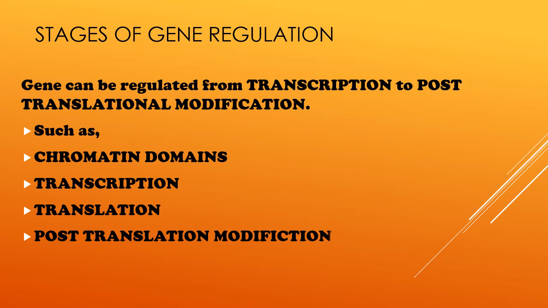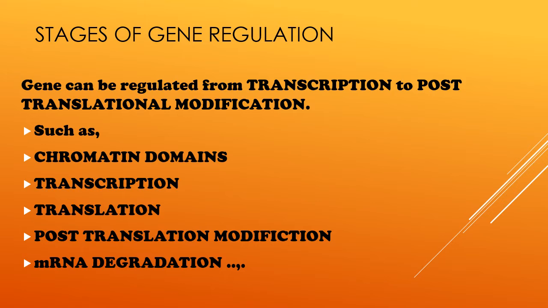When the protein changes its structure, then its function will change. So, when post-translation modification is regulated, it means the gene is regulated. Next is mRNA degradation. When mRNA is not produced or mRNA is degraded, then translation will not occur. So these are certain stages of gene regulation.